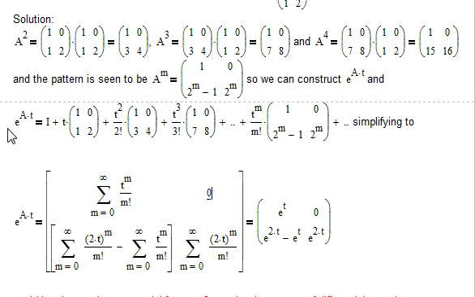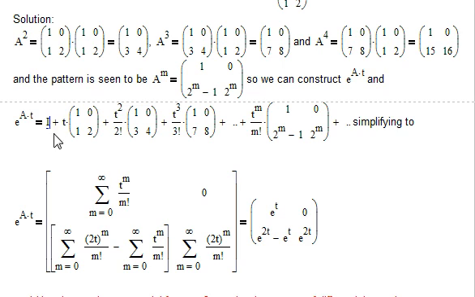Here's where the complicated one is. We've got 0 in the lower left plus t plus 3t squared over 2 factorial plus 7t cubed over 3 factorial, plus finally t to the m over m factorial times 2 to the m minus 1.